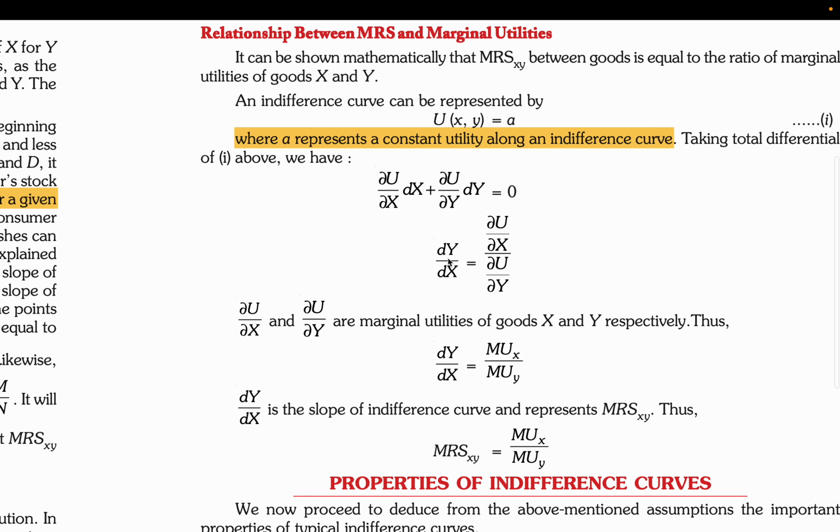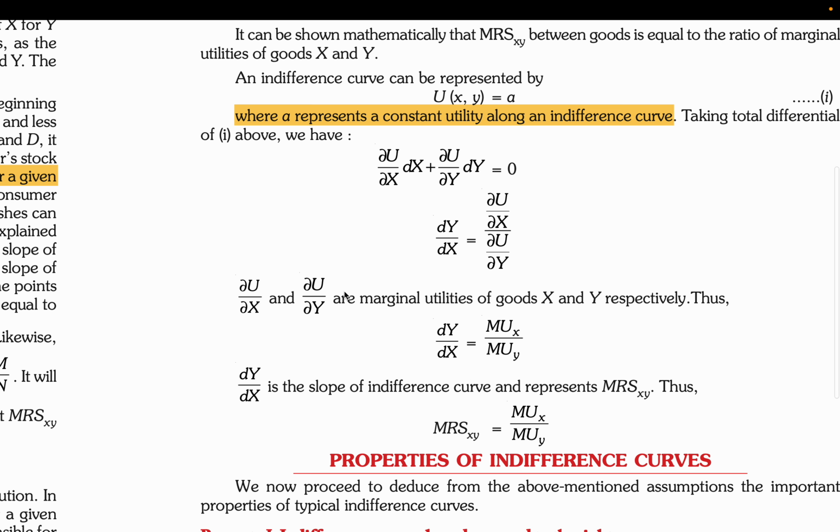So now dy by dx becomes delta u by delta x divided by delta u by delta y. Delta u by delta x and delta u by delta y are the marginal utilities of goods X and Y respectively, because you're differentiating utility with respect to each of them.